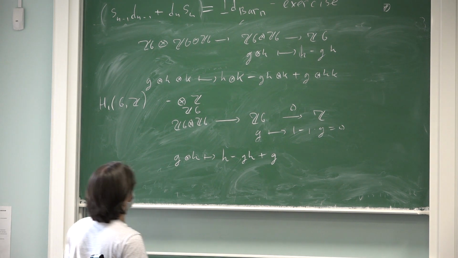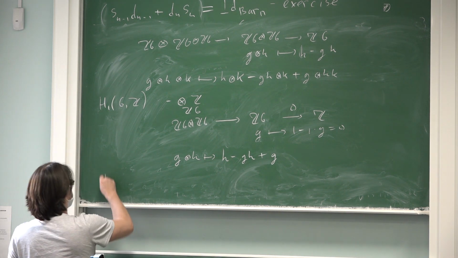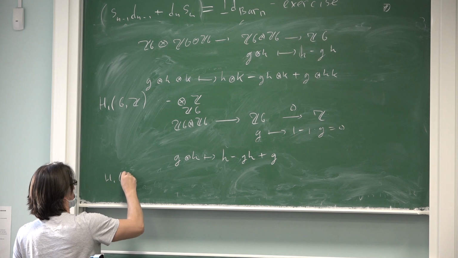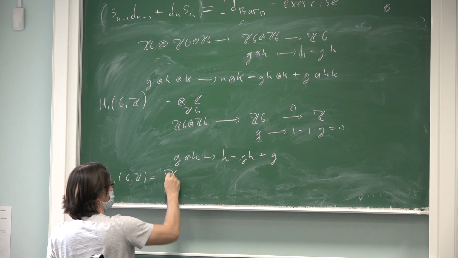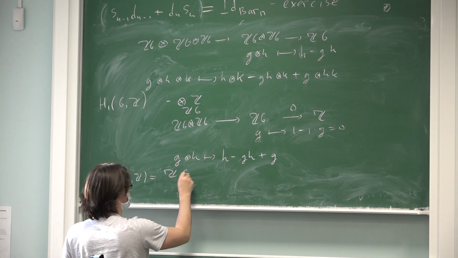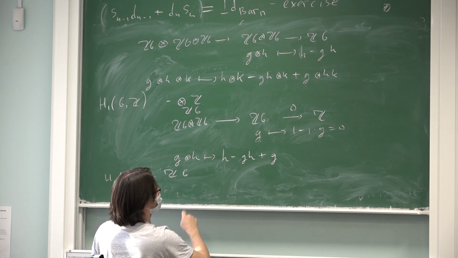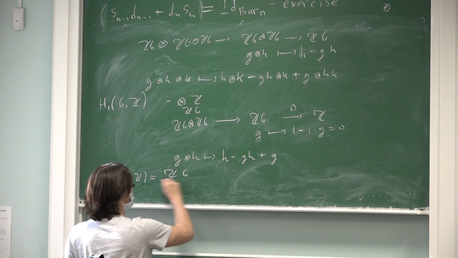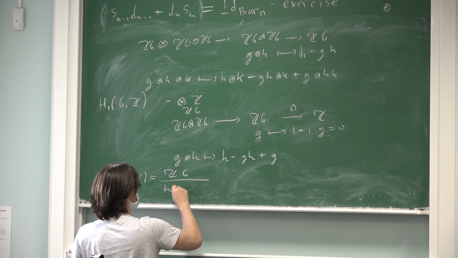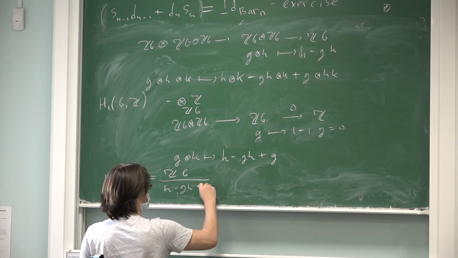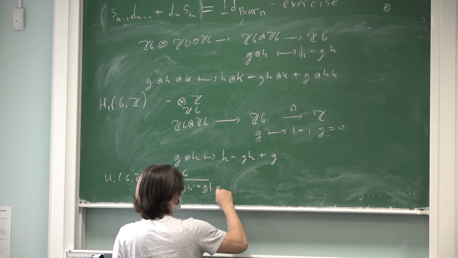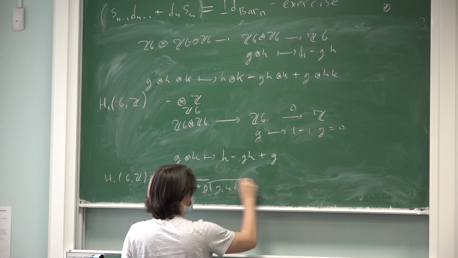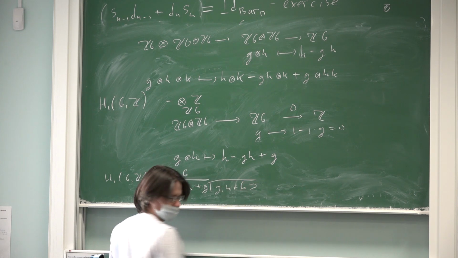So, in fact, we see that H1 of G with coefficients in Z is the free Z module with basis g tensor h minus gh plus g for all g, h in G. So the question is, what's this?